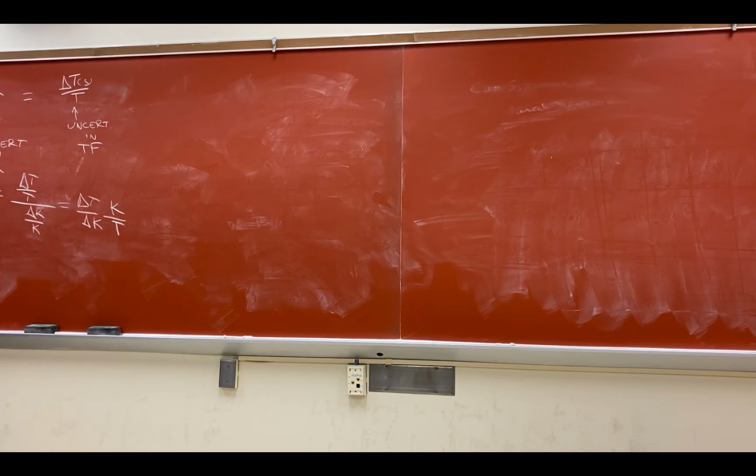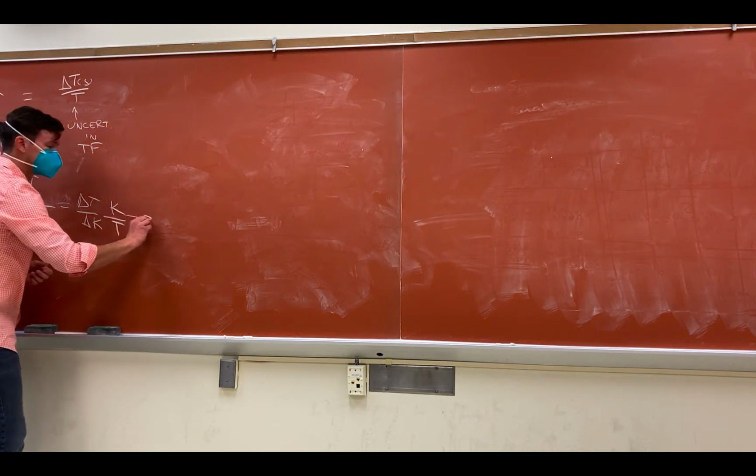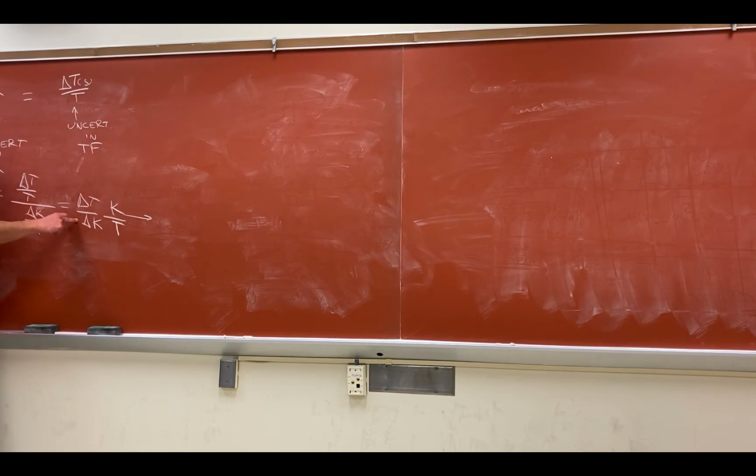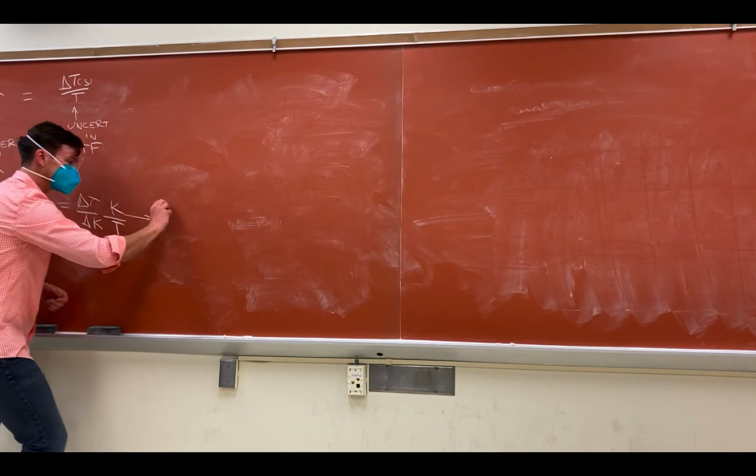And what I'm going to do now is, instead of talking about 10% uncertainty, let me talk about marginal uncertainties. And that is, take this finite delta t over delta k and make it a partial derivative.